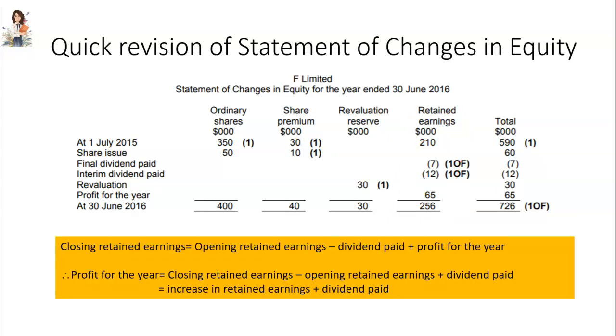Written in equation form, closing retained earnings is equal to opening retained earnings minus dividend paid plus profit for the year. Rearranging this equation, profit for the year is equal to closing retained earnings minus opening retained earnings plus dividend paid. That is, it is equal to increase in retained earnings plus dividend paid.